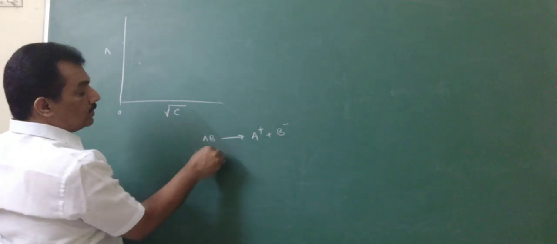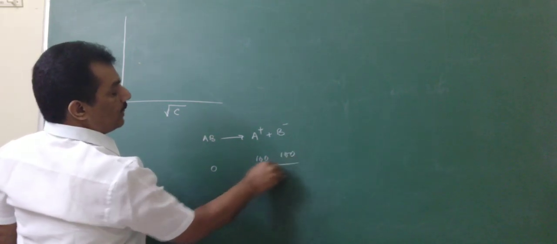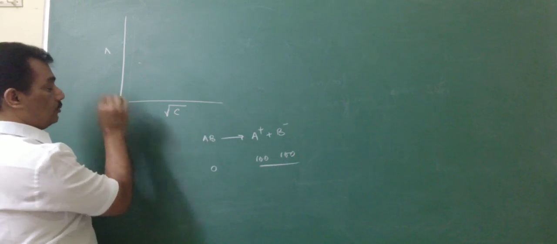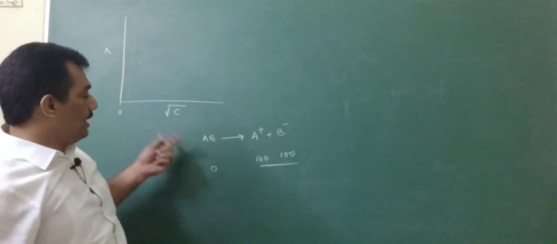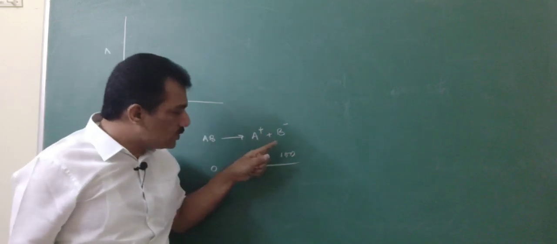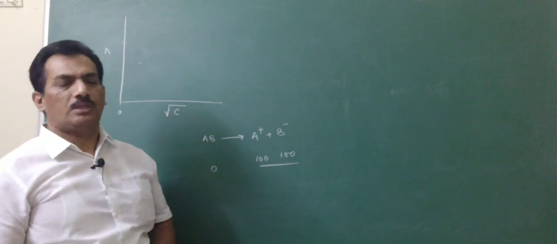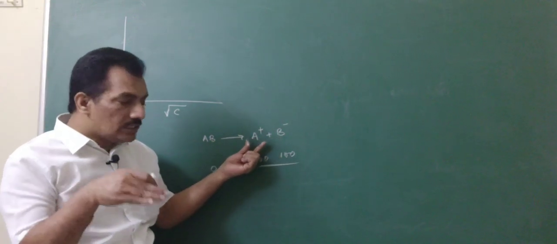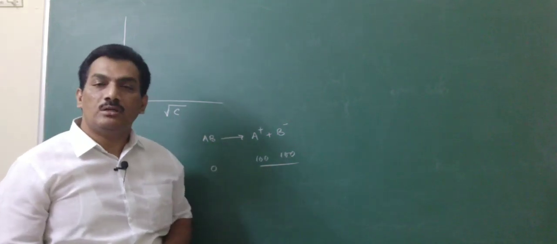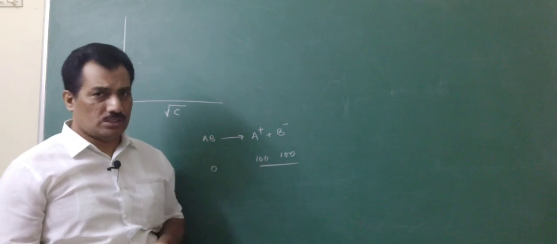The concentration becomes 0 and the conductance becomes maximum. When all the molecules are completely dissociated, the conductance at that condition is known as the conductance at infinite dilution, or conductance at 0 concentration. We already discussed it in previous sessions also.